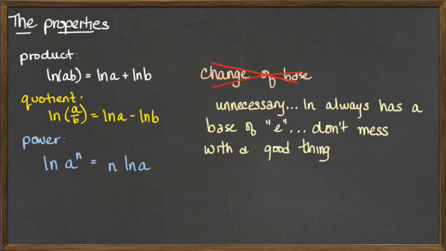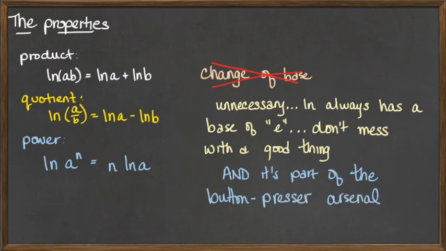The need to change base, if we wanted to, we could. But if it's all base e, there isn't really a huge need for it in most cases. Now, the other thing that's nice about that, quite often we were changing base so that we had that button presser ability. Well, natural log is a key on the calculator. We don't need to change bases to be able to put in what we're trying to evaluate.